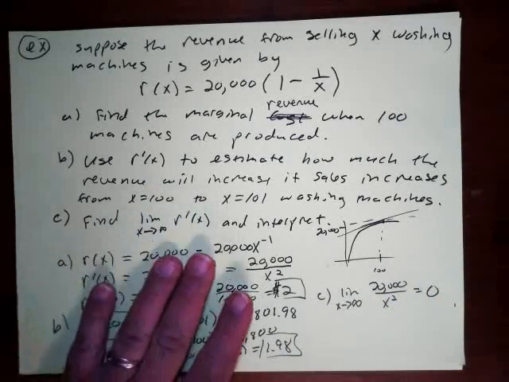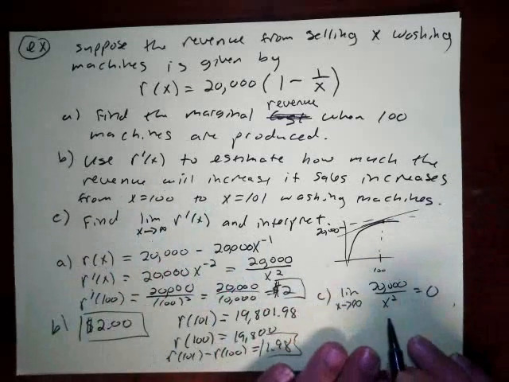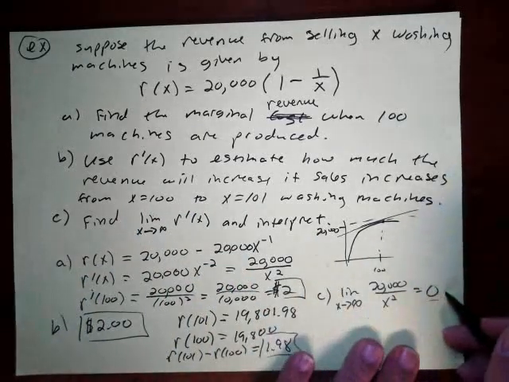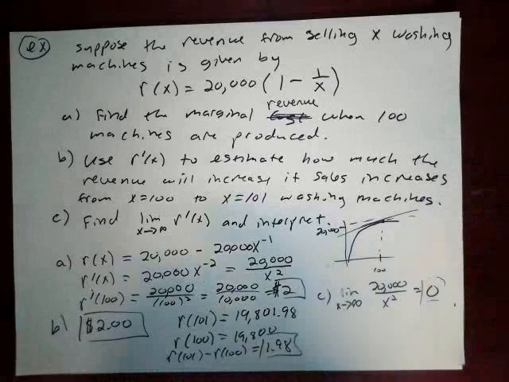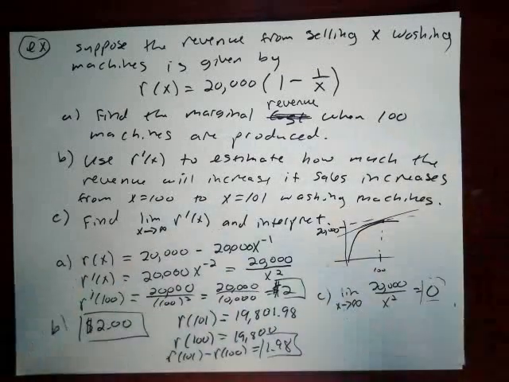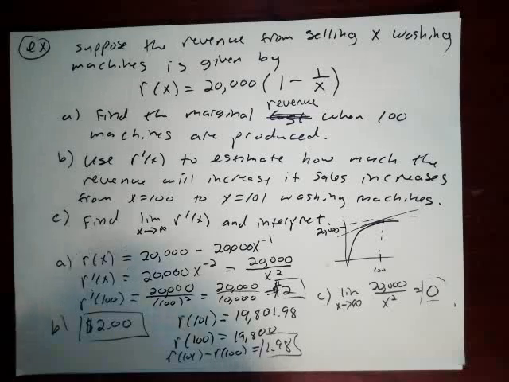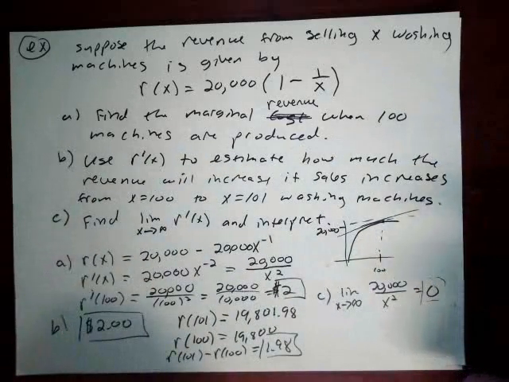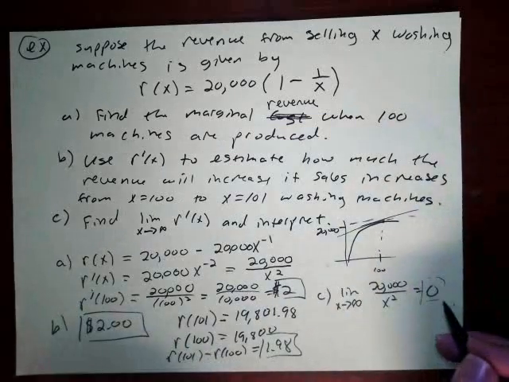So it wants us to interpret this. So basically, as you sell more and more and more, your marginal revenue is going to 0. It's shrinking down to the point that you're really not making much more for one more washer machine.